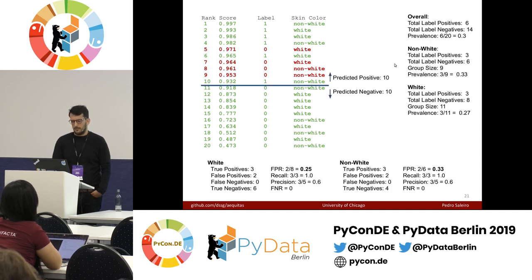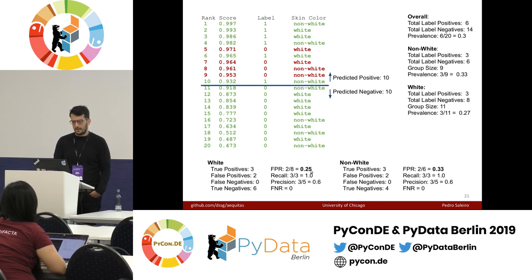So if we use the same threshold for making positive decisions, now we can calculate the same metrics again. And now you see that the recall is the same, the precision is the same, the false negative rate is the same, also because false negative rate is 1 minus recall. And the false positive rate, though, is different.